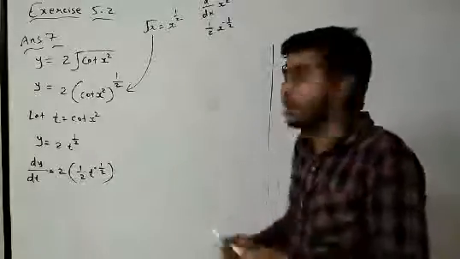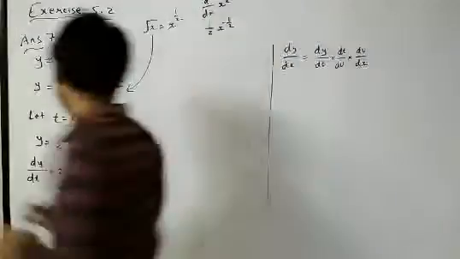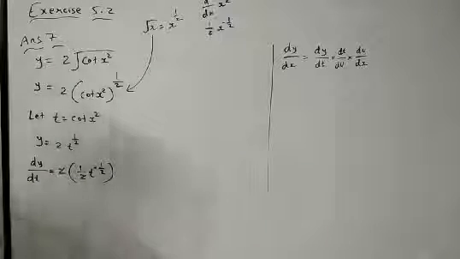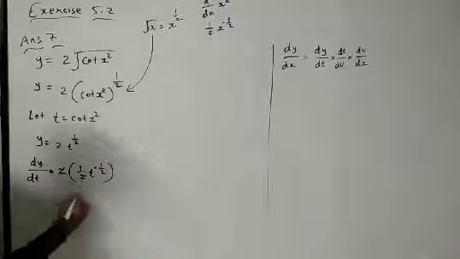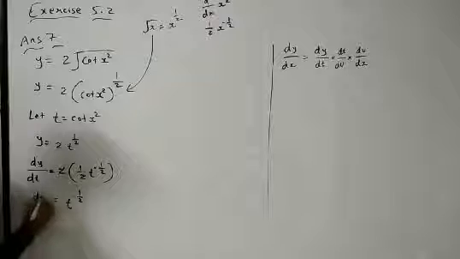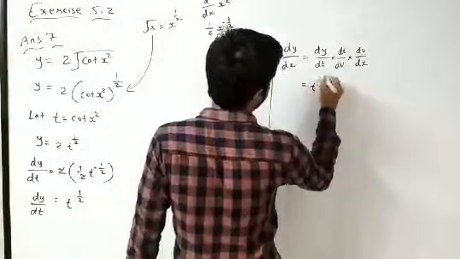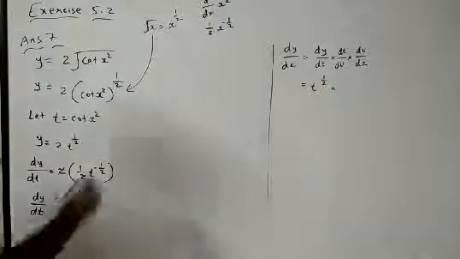So half minus 1 is minus half. That is what I have written over here. So these two and these two get cancelled. We will be getting t raised to minus half. So we have got dy by dt as t raised to minus half. Clear? Step by step we will go.